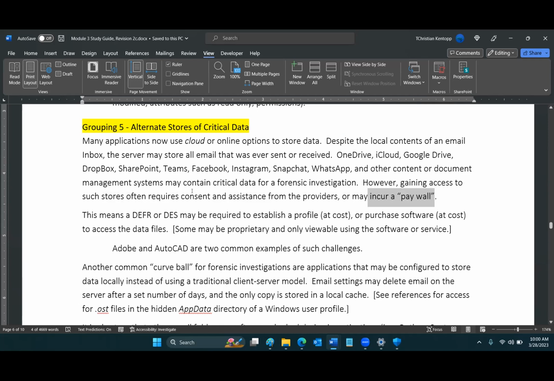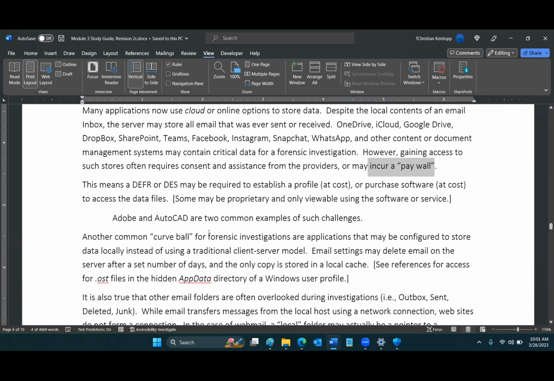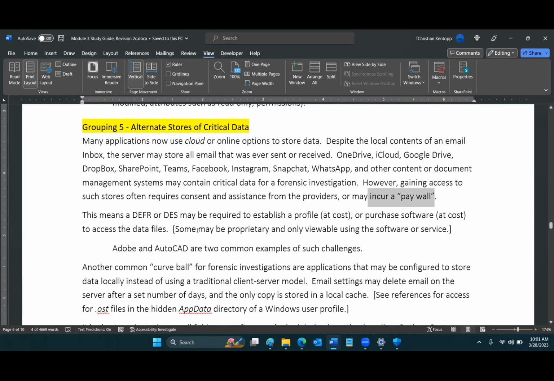This was not a reality so much for us just 10 years ago, or 7 years ago, or 5 years ago. But the huge trend in internet service providers and application publishers is to embrace the cloud, and that has profound implications for incident handlers.